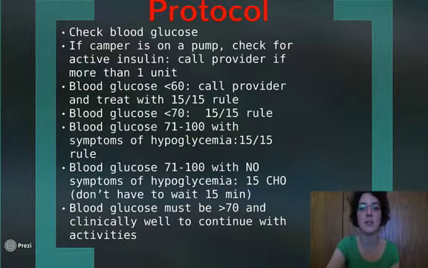So they don't have any symptoms, but we just happen to be getting a number. If it ends up being between 71 and 100, you want to give them 15 grams of carbohydrates, but they don't need to wait 15 minutes and they don't need to be rechecked. For all of the kids, though, we want them to have a blood glucose level over 70 and be feeling well with no symptoms before they go back to their activities.